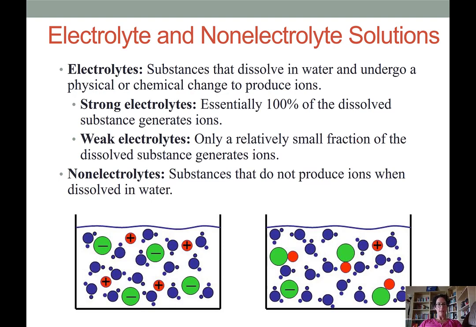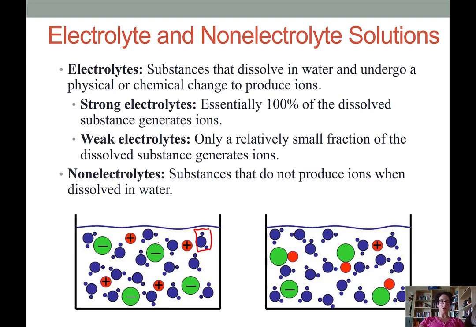So looking at these images down below, we have a pictorial view of the difference between a strong electrolyte and a weak electrolyte. It's a little bit more cartoony than our previous examples, but just to show you, this little blue blobby thing is meant to represent a water, and then the plus signs on the red indicate the cation, and the negative signs on the green indicate the anion.